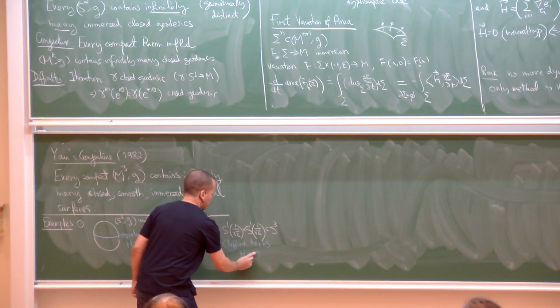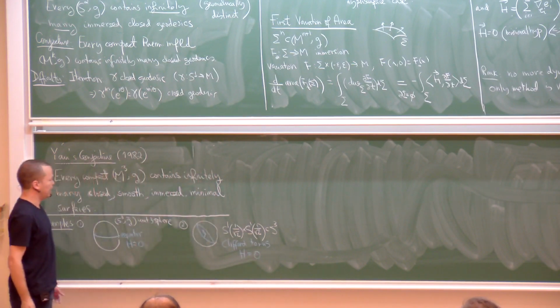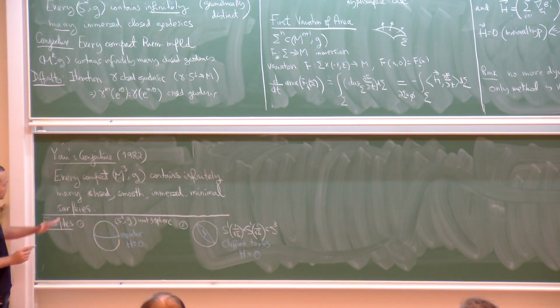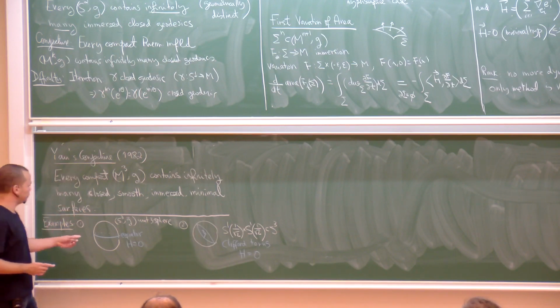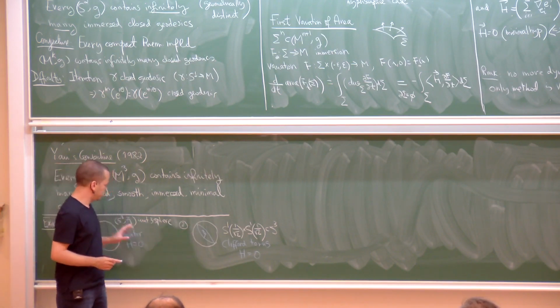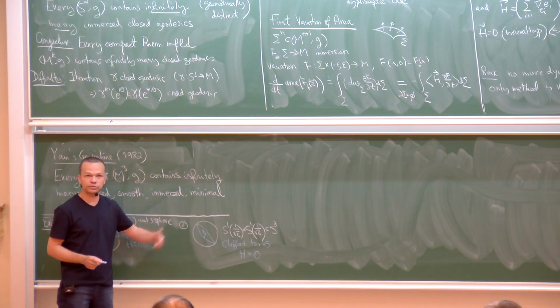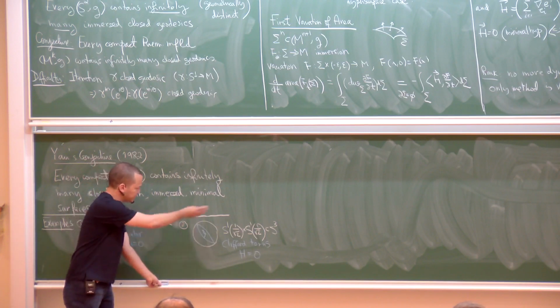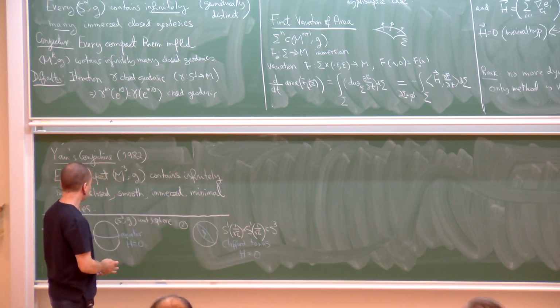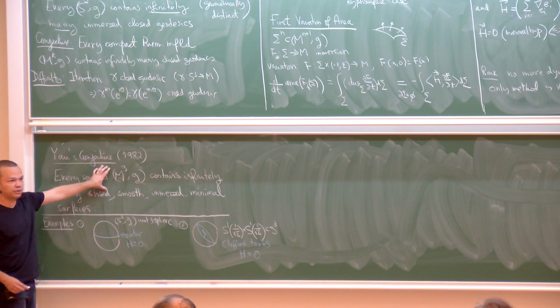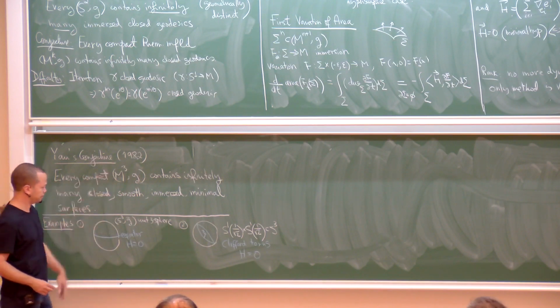Also a minimal surface. And in 1970, so this is a theorem that precedes Yau's conjecture, Lawson was able to show that for the round S3 there are minimal surfaces of every genus. Okay? So there's actually a sequence of examples. Anyway, Yau's conjecture is for an arbitrary metric.